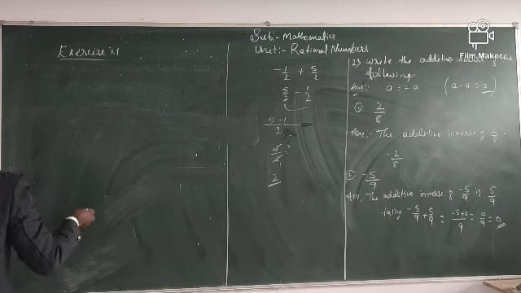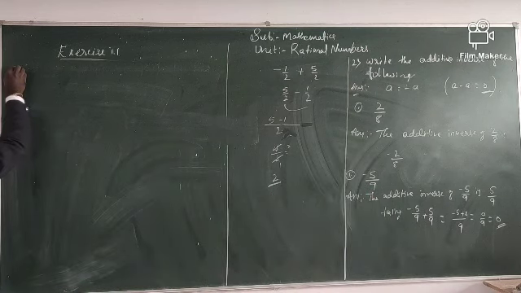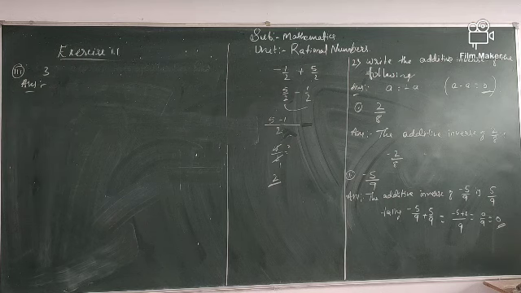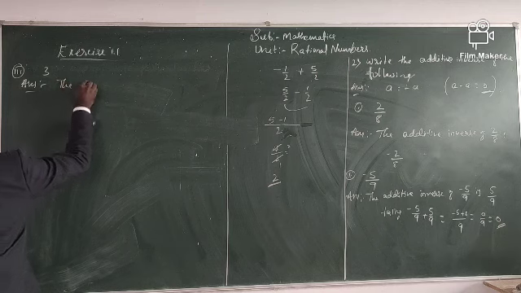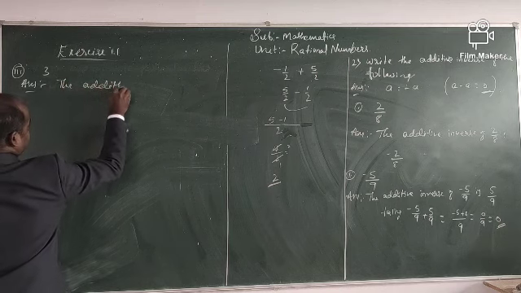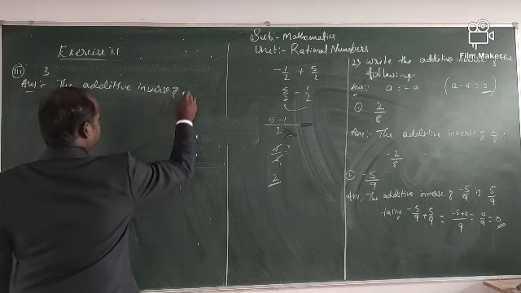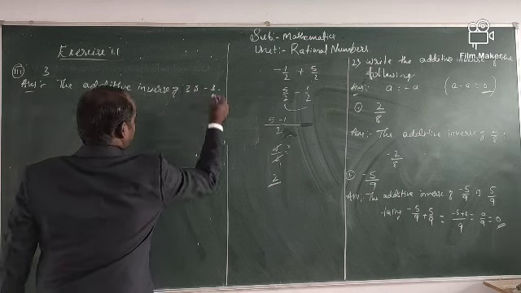The additive inverse of 3. What is the additive inverse of 3? The additive inverse of 3 is minus 3.